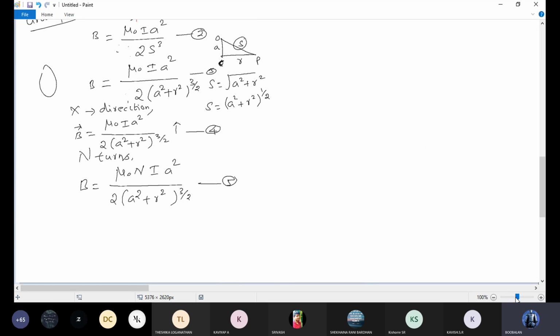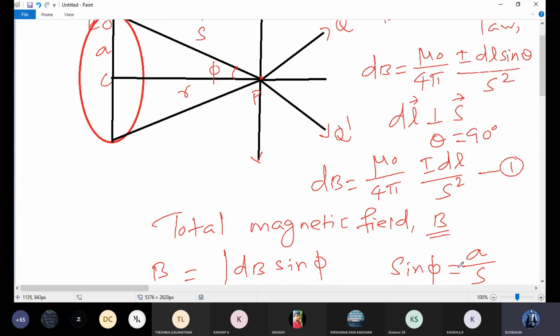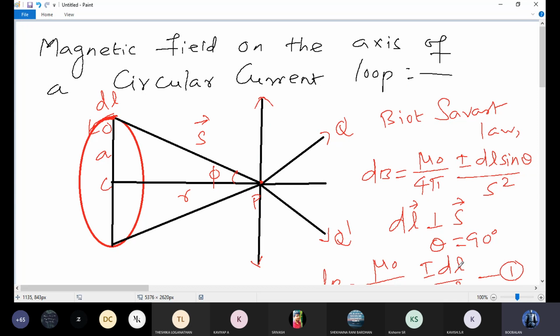Okay, ma'am. So up to that, take notes. If you have any doubt, you can ask. This diagram part, I will just rewrite, please note it. For the vertical component, dB cos phi perpendicular to the axis will cancel out.